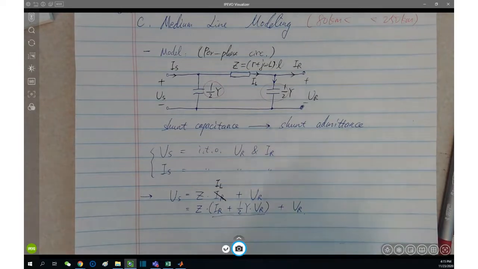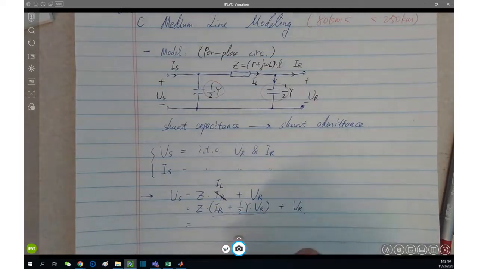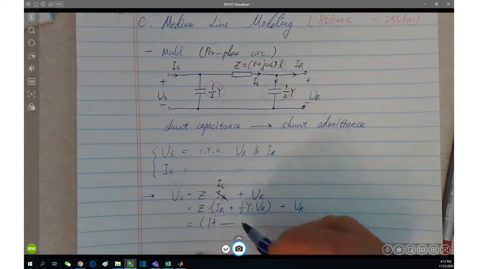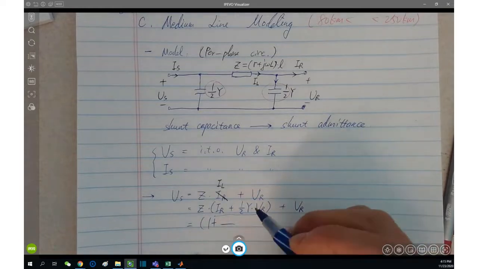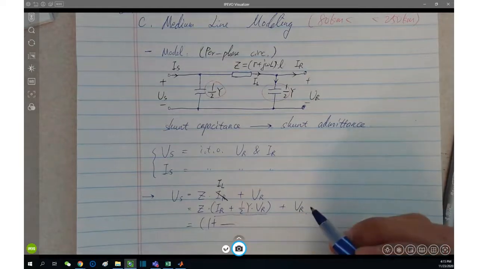So now we are seeing VS is completely in terms of IR and VR. If you organize it, what do you get? 1 plus ZY over 2 times VR plus Z times IR.